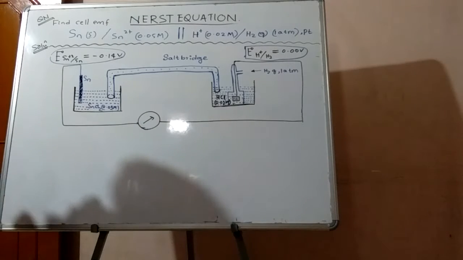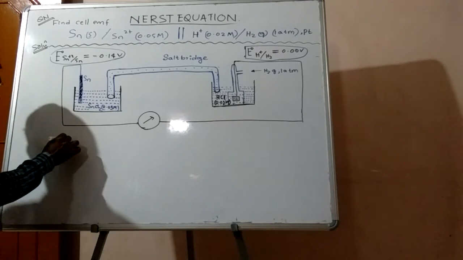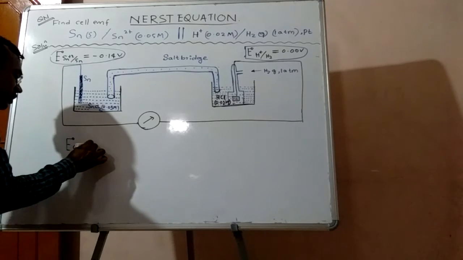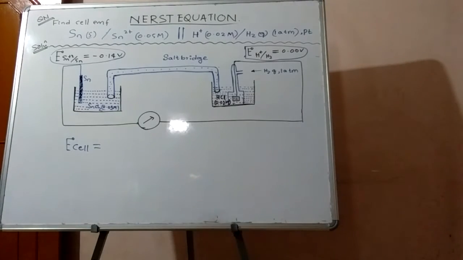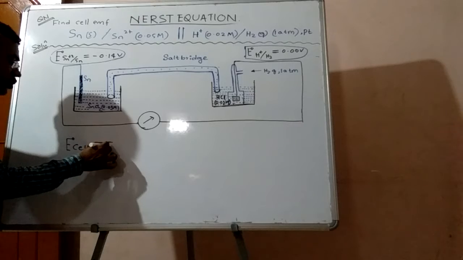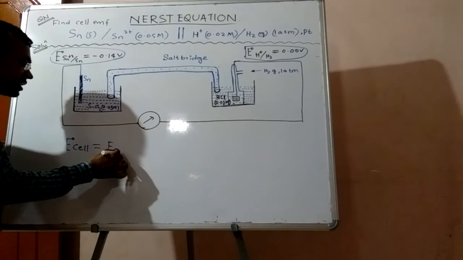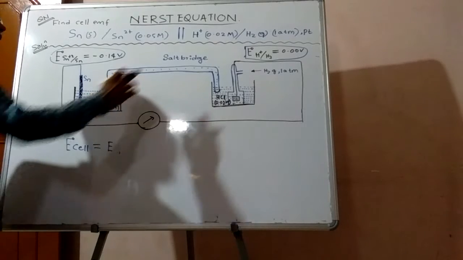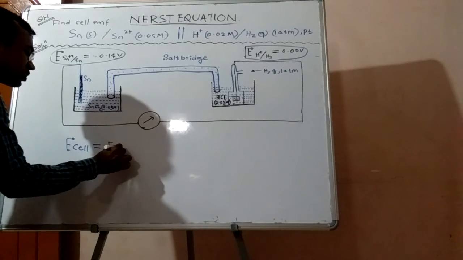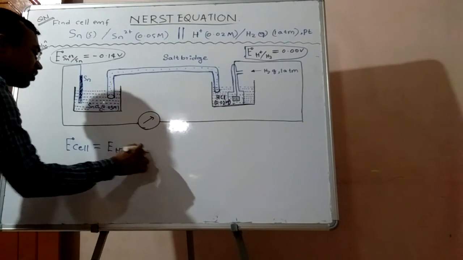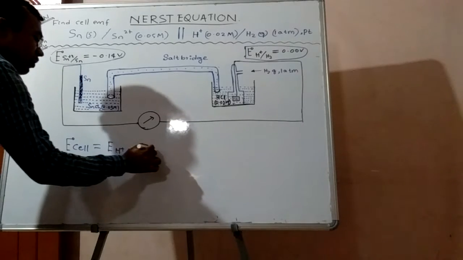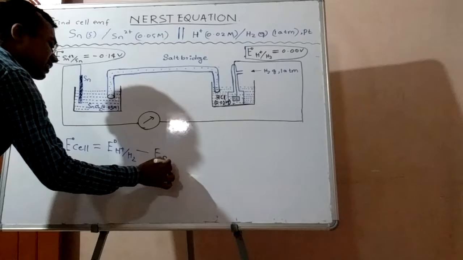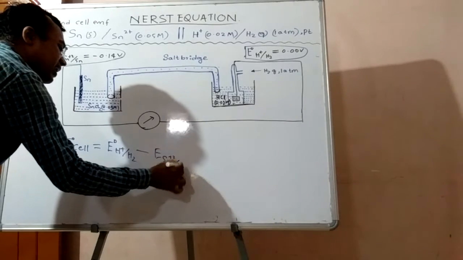Now we have to find out E0 of cell, the standard cell potential. Standard potential means E cathode, the reduction potential of cathode, that is H plus by H2, minus the reduction potential of anode, that is E0 of Sn plus 2 by Sn.